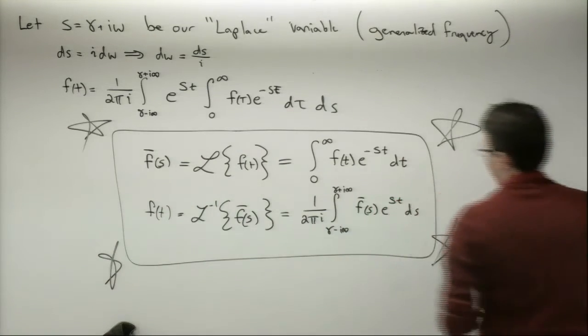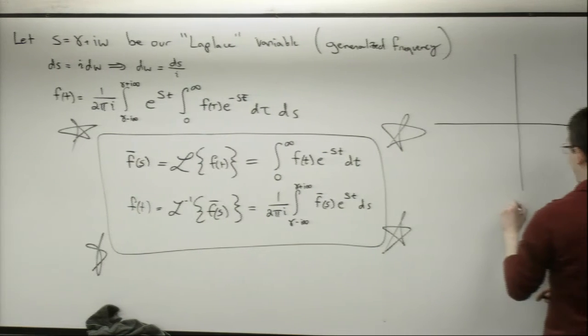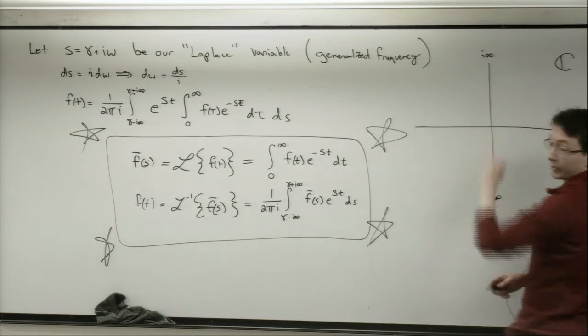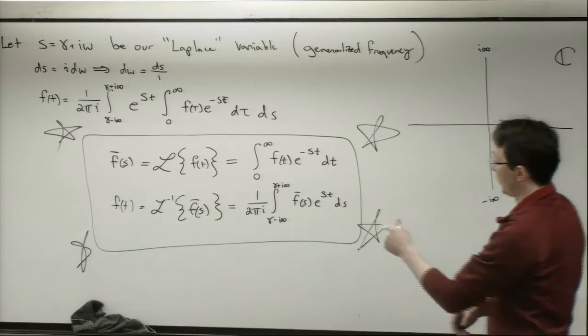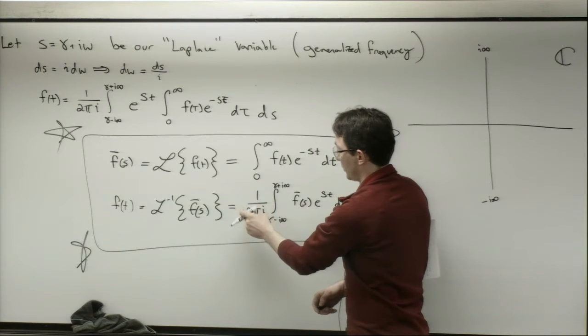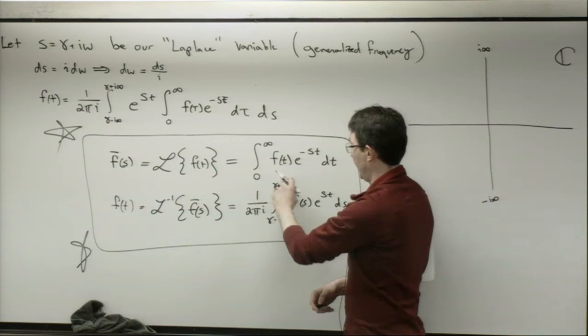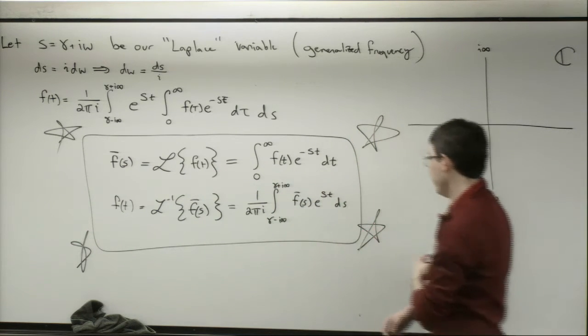so originally, for my inverse Fourier transform, this is in the complex plane. I have minus i infinity and i infinity up here. Normally for the Fourier transform I'd have something like 1 over 2 pi times the integral from minus infinity to infinity of e to the i omega t times f of t.